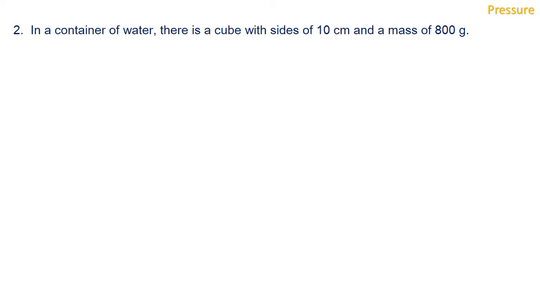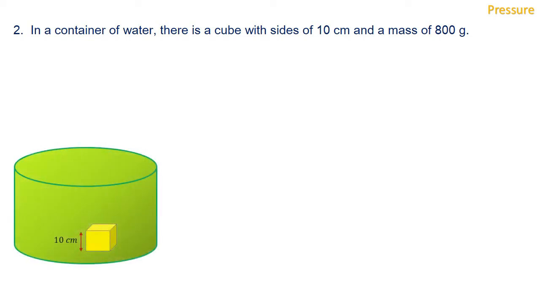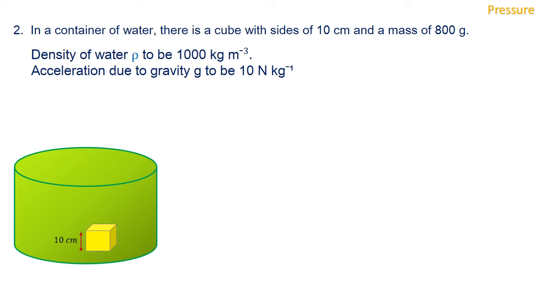In a container of water, there is a cube with sides of 10 cm and a mass of 800 gram. Density of water, ρ, to be 1000 kg per meter cubed.